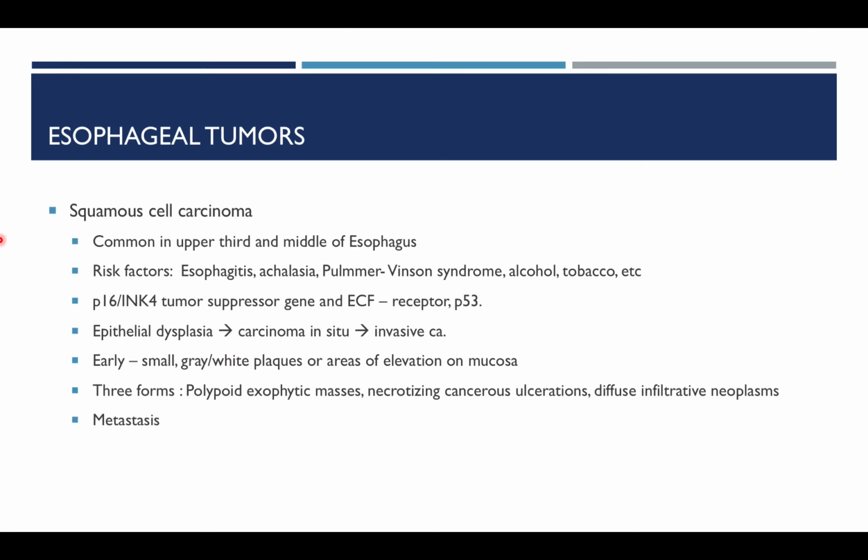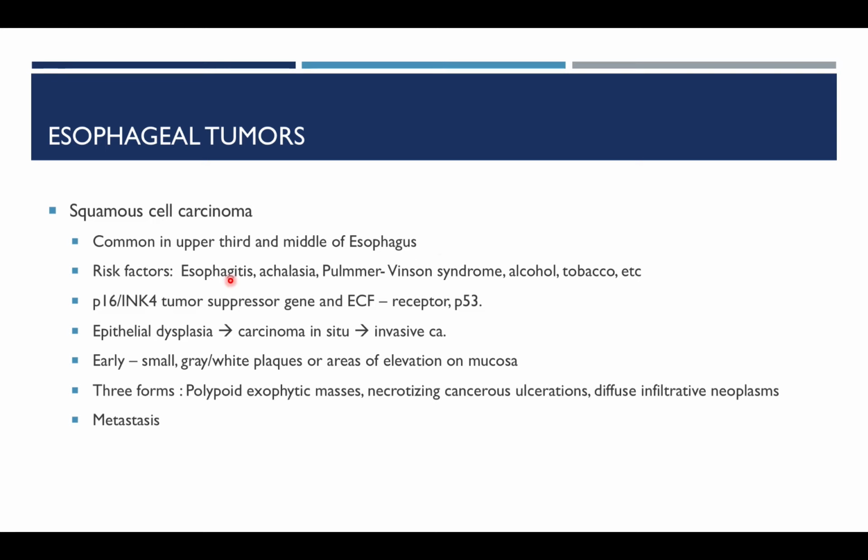So now we can talk about esophageal tumors. In terms of esophageal tumors, the malignant tumors are more prominent, and therefore we will be focusing just on the malignant tumors rather than the benign. So malignant tumor, we can talk about squamous cell carcinoma. It is common in the upper third and the middle of the esophagus.